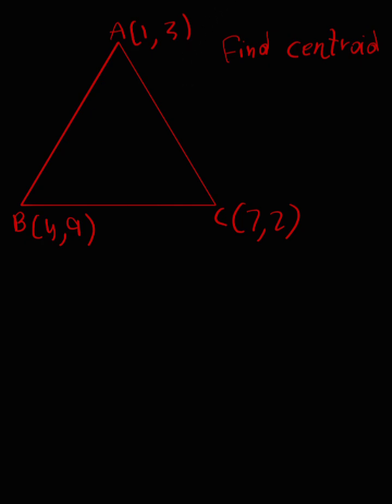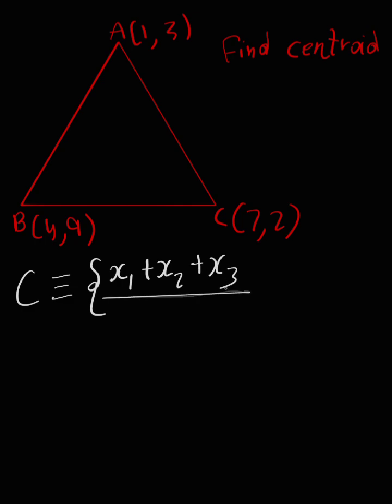Now let's say you have been asked to find the centroid and you have been given the 3 points. So we can easily just apply the formula for the centroid, which is x1 plus x2 plus x3 upon 3 comma y1 plus y2 plus y3 upon 3.